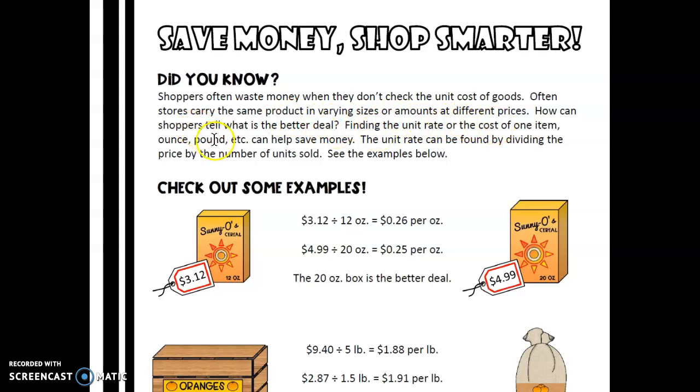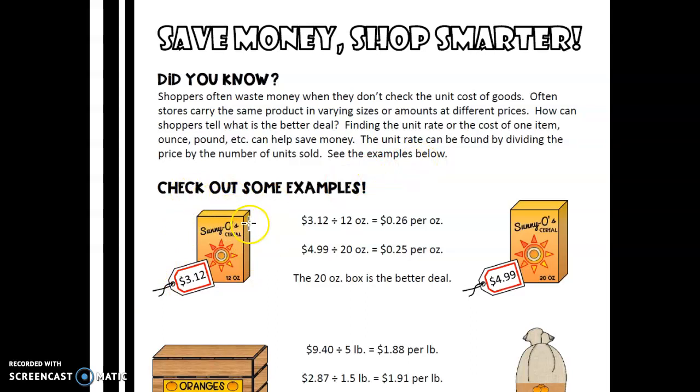How can shoppers tell what is the better deal? Finding the unit rate or the cost of one item, ounce, pound, etc., can help save money. The unit rate can be found by dividing the price by the number of units sold. See the examples below. All right, so let's look at some examples.